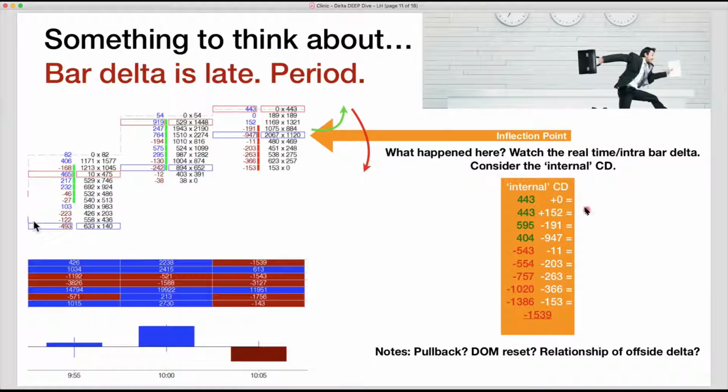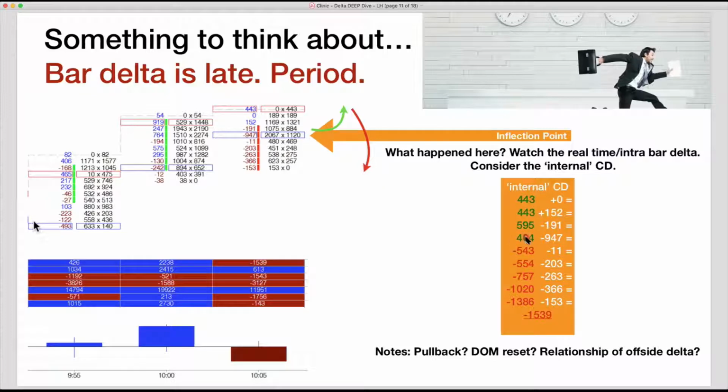Then that's our opening level. Nothing changed the next level down, so we remain at 443. We had positive 152 at the next level down. So we printed here at 595, but we ended up with negative 191 trading at that level. Then we had negative 947 at this price level.